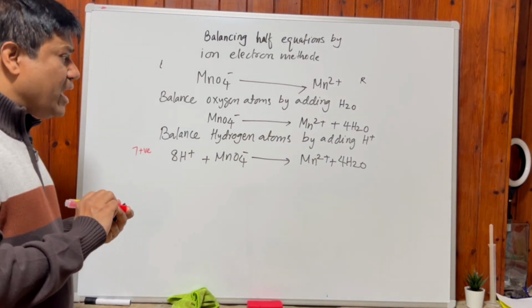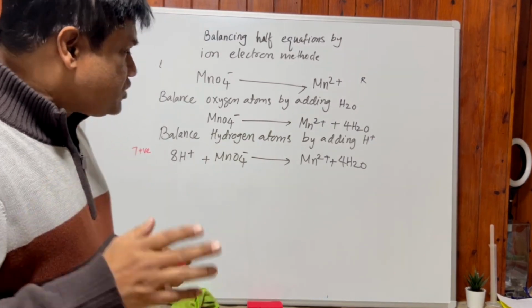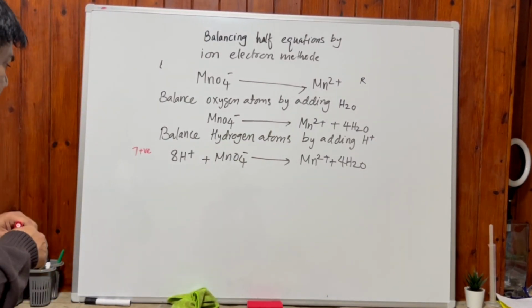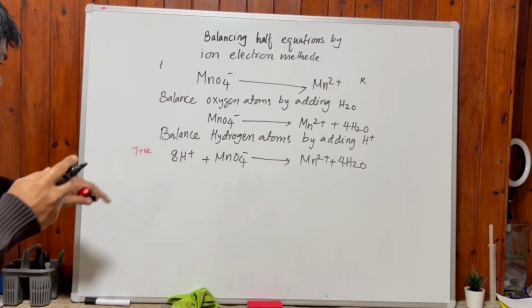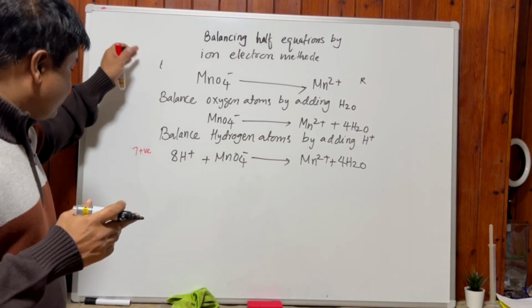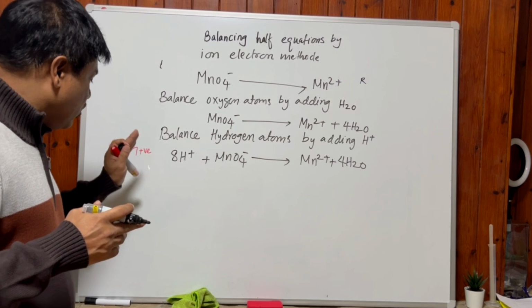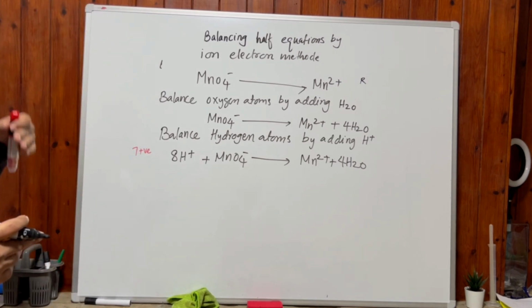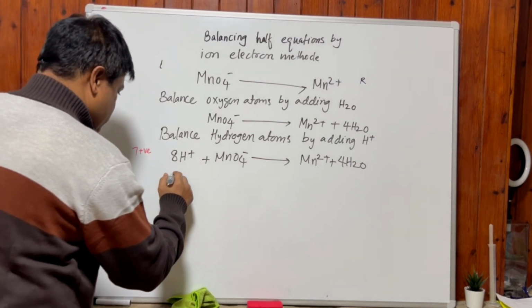So how can we balance positive charges? By using electrons. So add 5 electrons. Which side do we have more positive charge? Left side. So add electrons on the left side where we have excess positive charges.